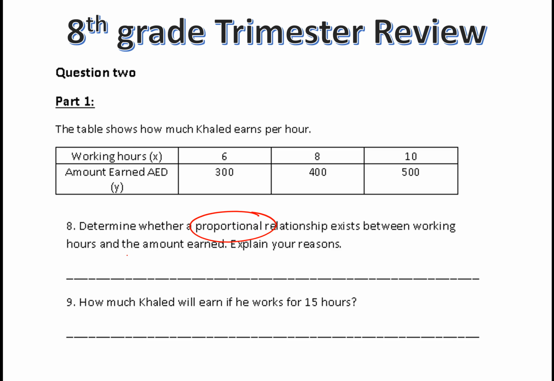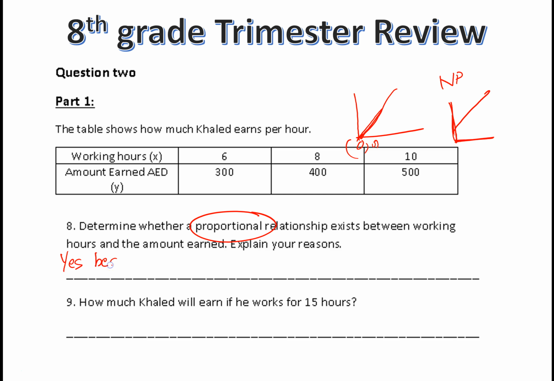Okay. Number 8, determine whether it's proportional. Well, we can answer that two ways. We can say yes, because remember, proportional has to go through 0, 0. Non-proportional is linear, but doesn't go through 0, 0.